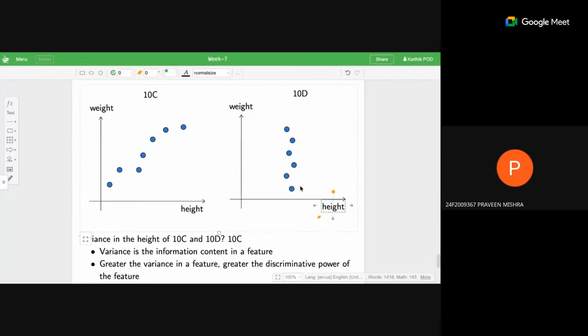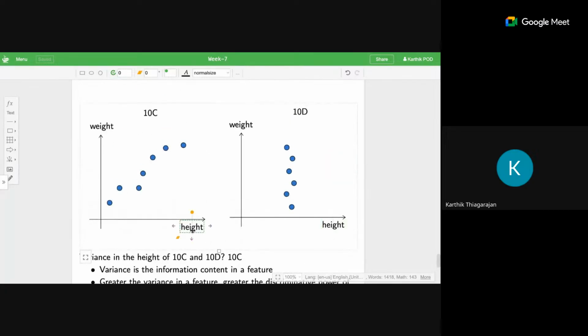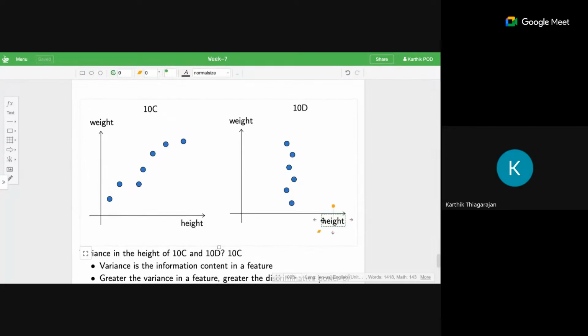That is why variance is important in data science, because it brings in discriminative power. Here height has a lot of discriminative power. If I know that the height is small, I can say that the weight is also small. Here I can make no such claim. So height is a dummy, useless feature here.